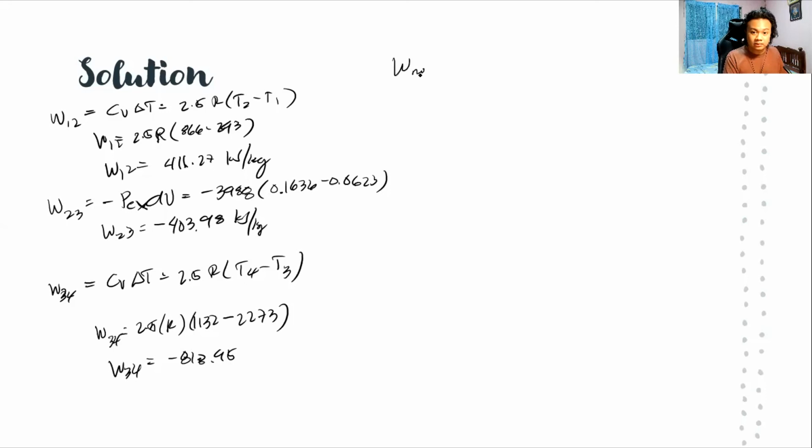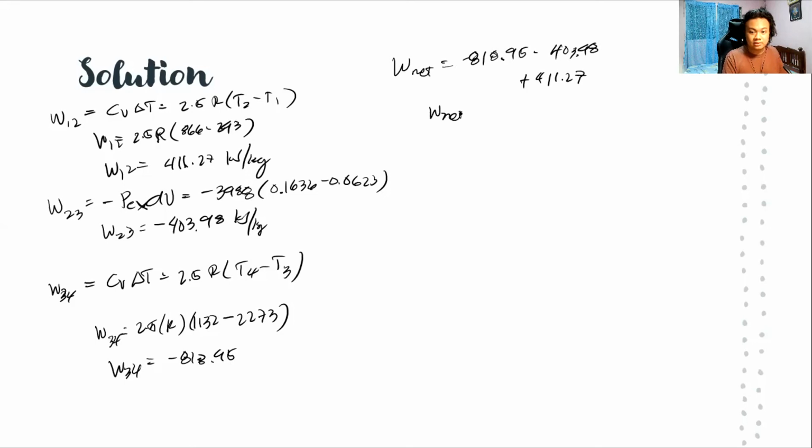So get the net work. Let's add all of these together: 818.95 and then 403.98 plus 411.27.